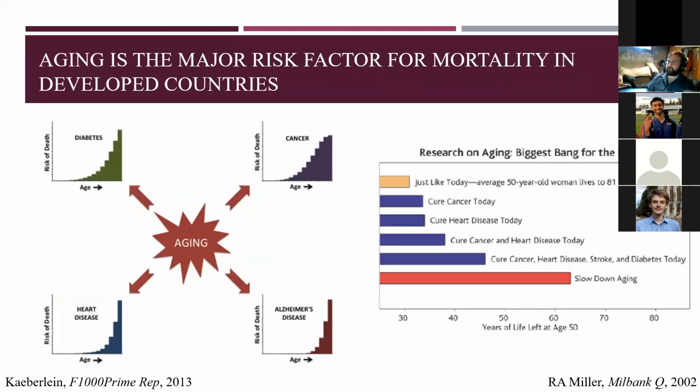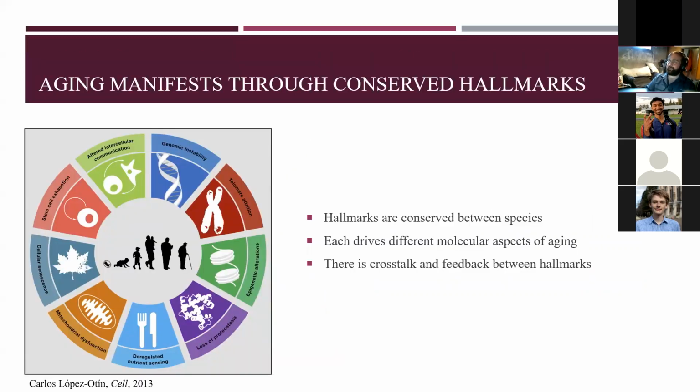Aging is the central axis of all human mortality, and most of our causes of morbidity are highly associated with aging. The goal is that by slowing the aging process, we can potentially live longer, but live much healthier later in our lives. Across most model systems, we have shared hallmarks of aging that govern the molecular underpinnings of the aging process.